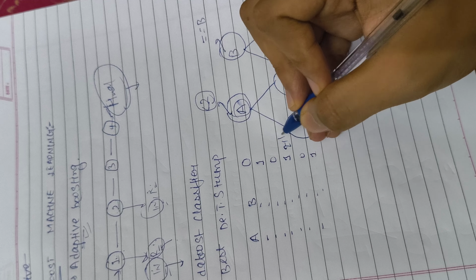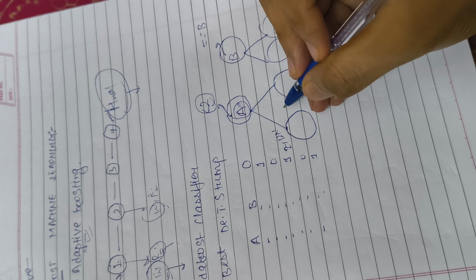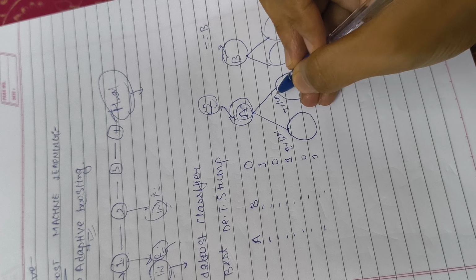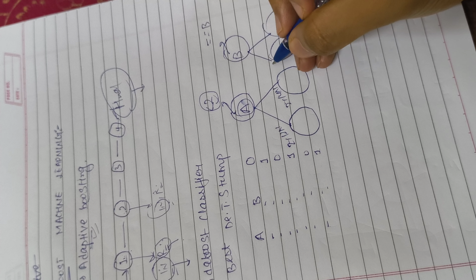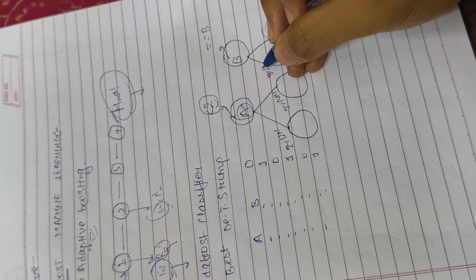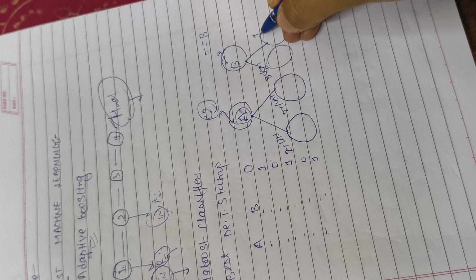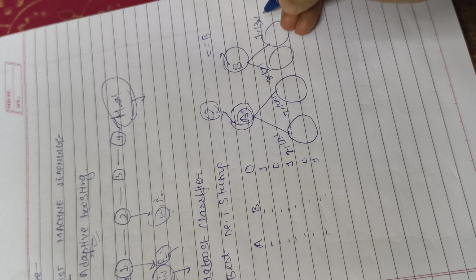Suppose here it was 2 yes 2 no, and here it was 2 yes and 4 no. In this node there were 3 yes and 0 no, and 1 yes and 3 no.